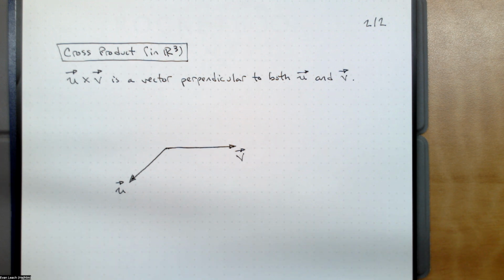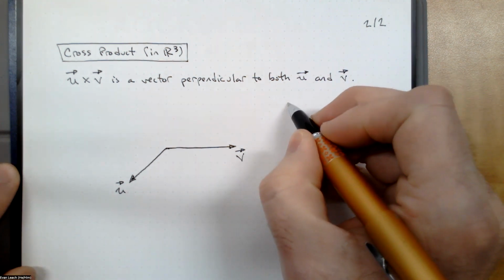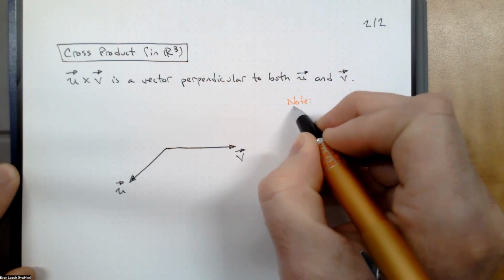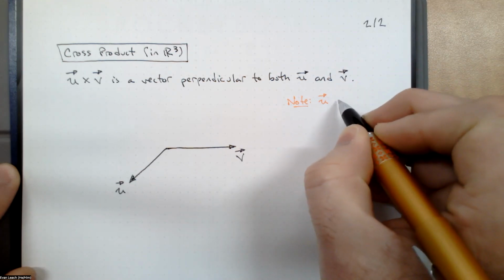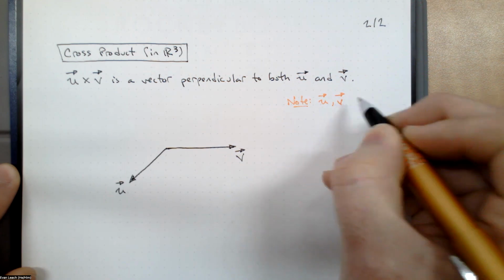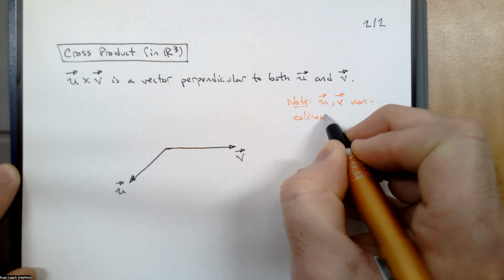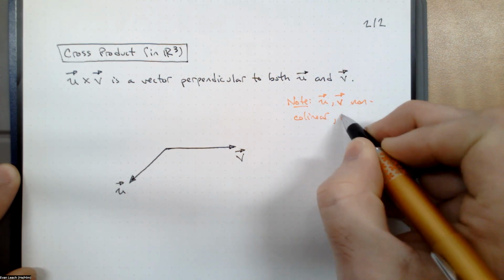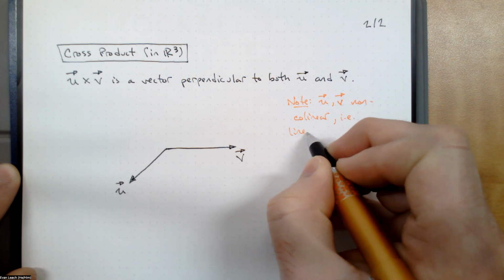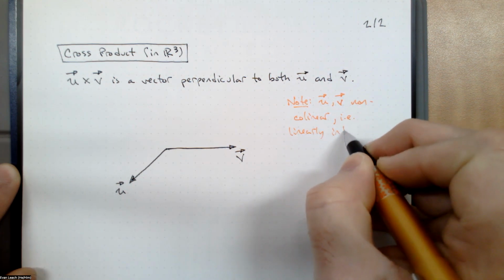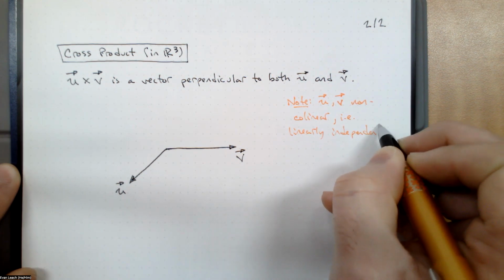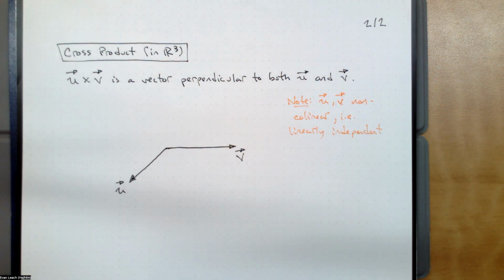So note, if U and V are non-collinear, then U and V define a plane. So I want U and V to be non-collinear.